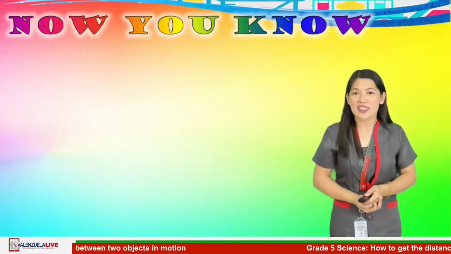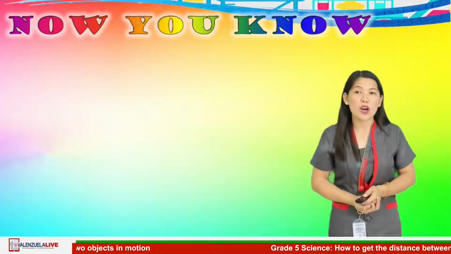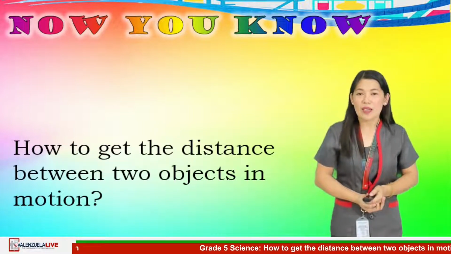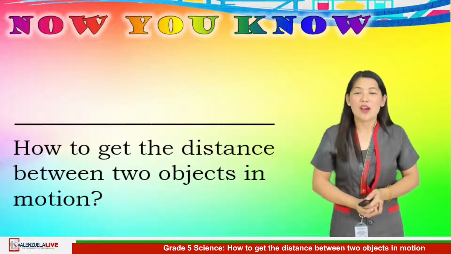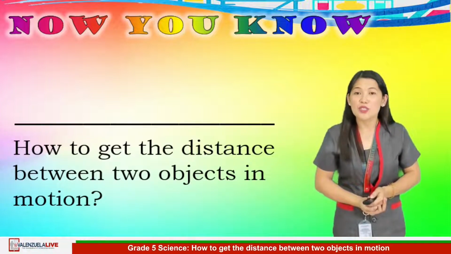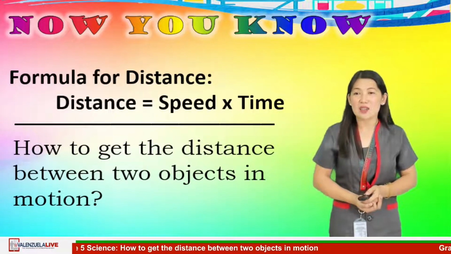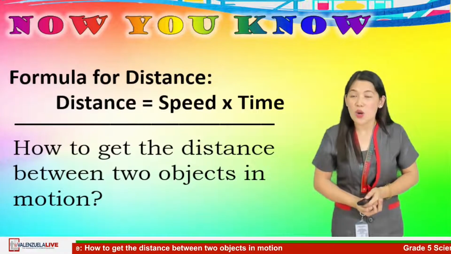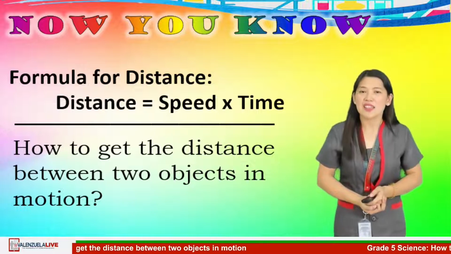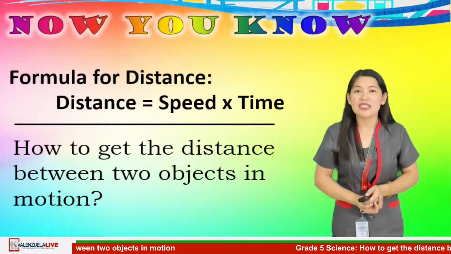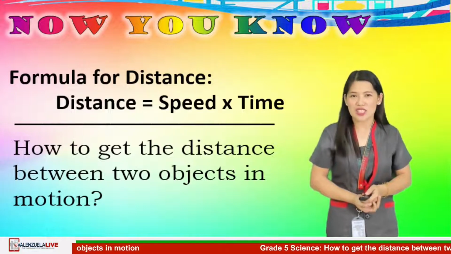How to get the distance between two objects in motion? Okay, it is by using the formula for distance. Distance is equals to speed times time. Very good. You did great in answering those questions.